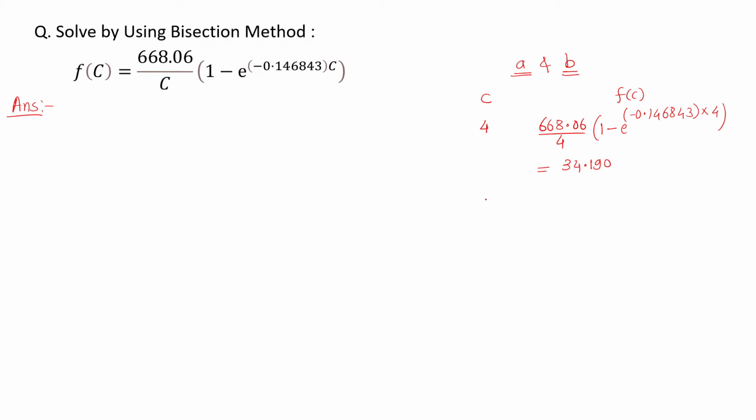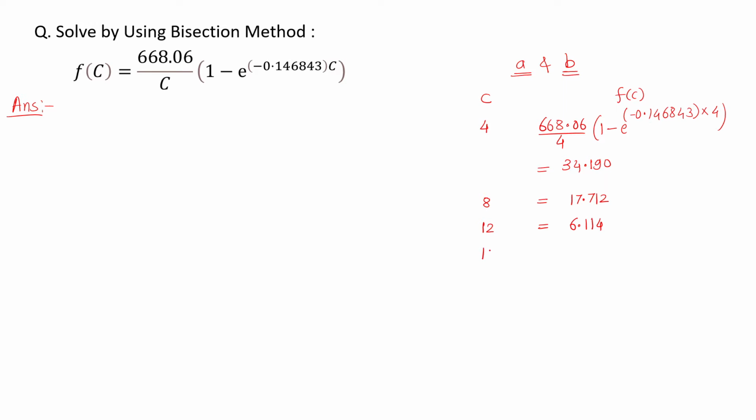Again I will take some other point, 8, and the function value at c is equal to 8 is 17.712. Then I will take c is equal to 12, and the function value at c is equal to 12 comes out 6.114.